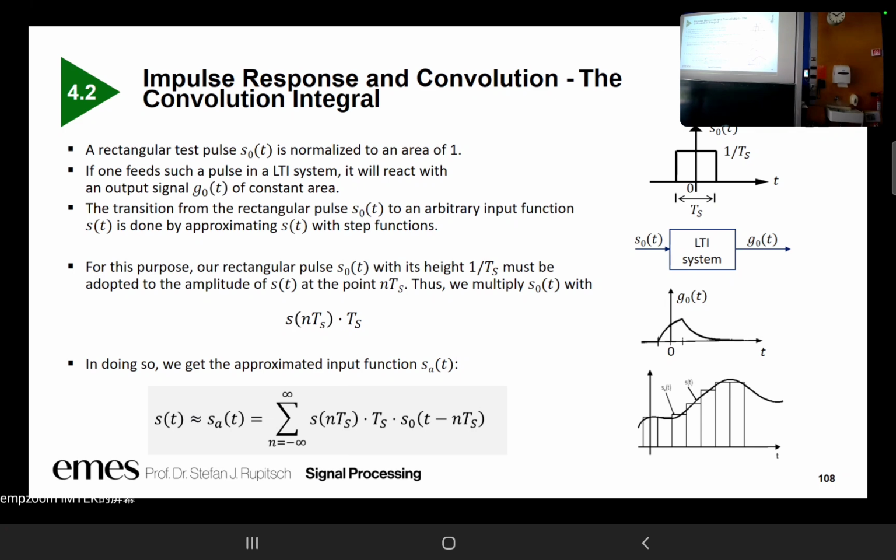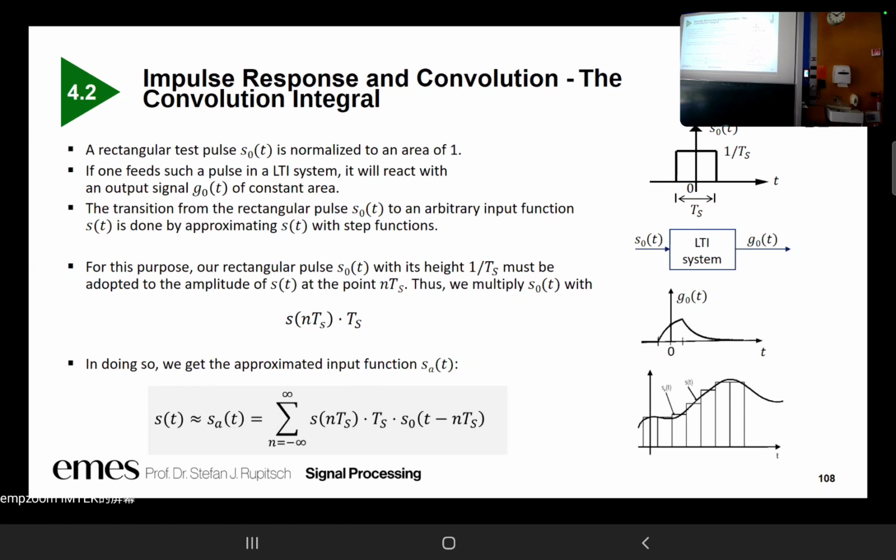Now we have a signal which can feature an interesting progression in time, and for instance, such a signal here. However, we can use this rectangular pulse to approximate this signal. And this is the basic step here. We approximate this solid black line by means of such rectangular pulses.